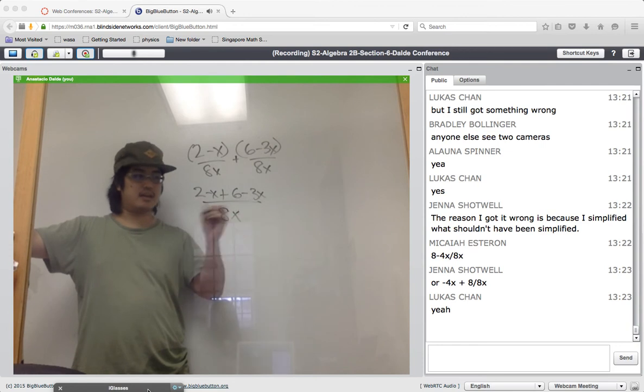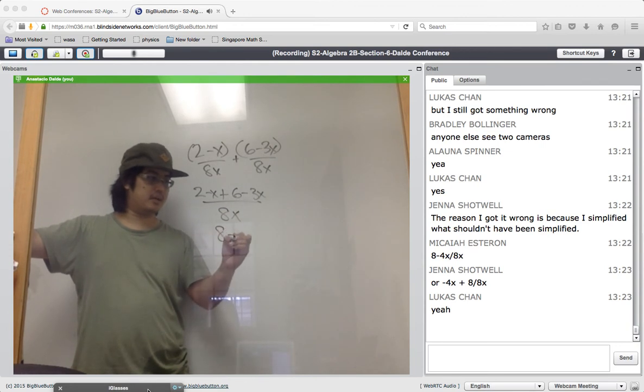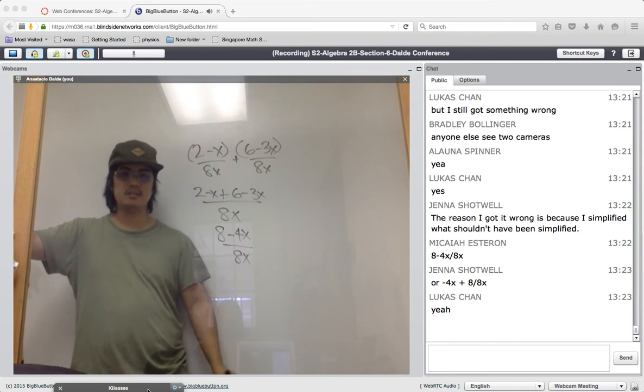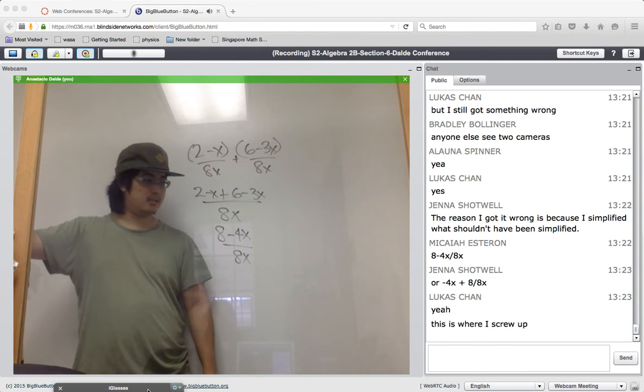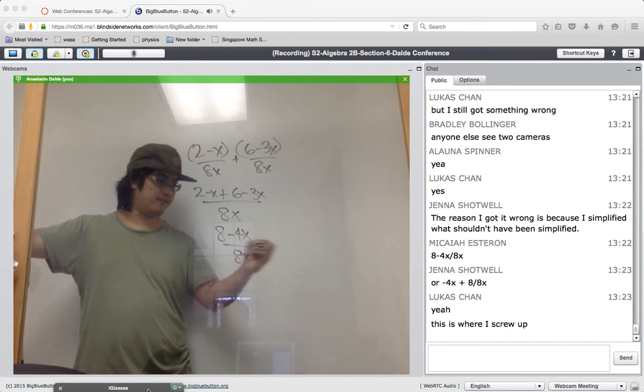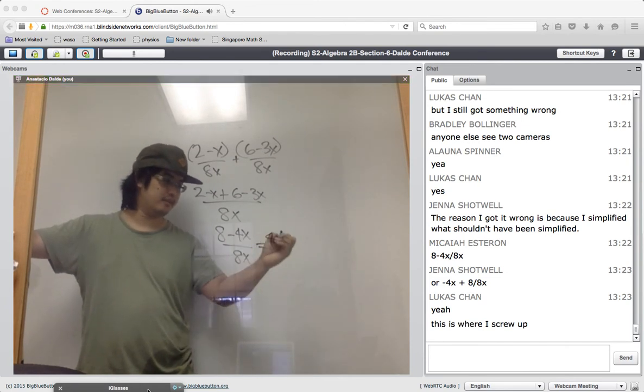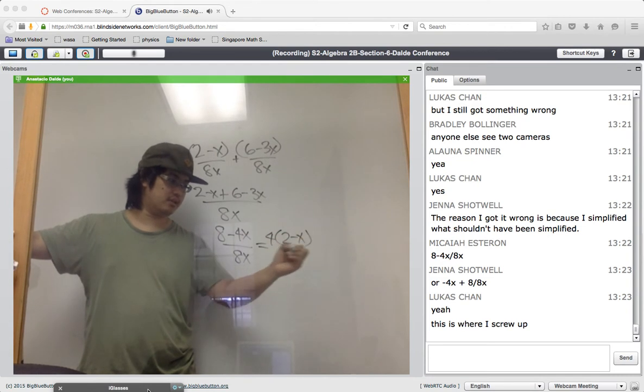You add like terms, so this would be 8 minus 4x over 8x. And then the best I could do is maybe factor out a 4. And I have 2 minus x over 8x.